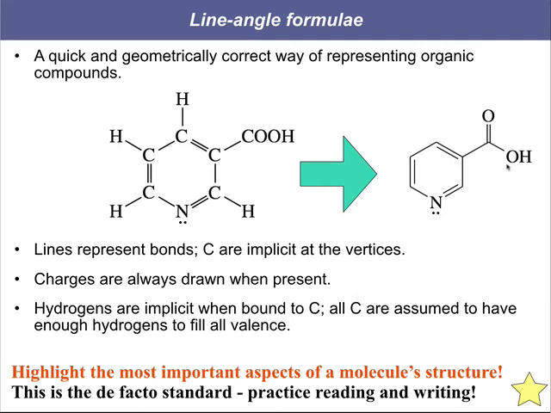So when you're reading a line angle formula, like I say, all carbons are assumed to have enough hydrogens to fill the valence. What do I mean by that? Well, this carbon here, for example, has 3 bonds drawn to it. We've got the single bond drawn to the left, the double bond drawn to the right. That's 3 bonds drawn. And this carbon does not have any charge on it, which means that there must be one more bond.